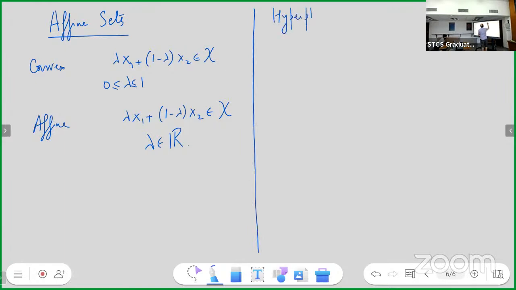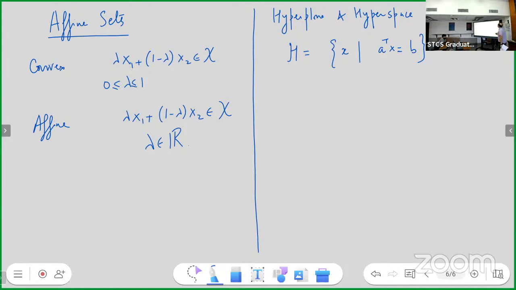Now we'll do something interesting. Hyperplane and hyperspace. Hyperplane, everybody has seen, right? A hyperplane is the set of x such that a transpose x equals b. Everybody has seen this in 2 dimensions, a line, in 3 dimensions, a plane, and so on.